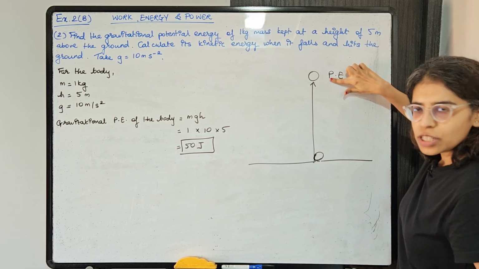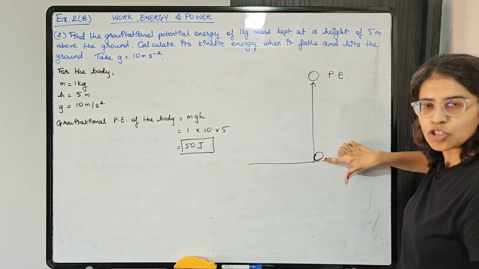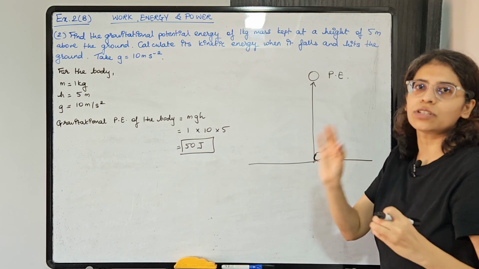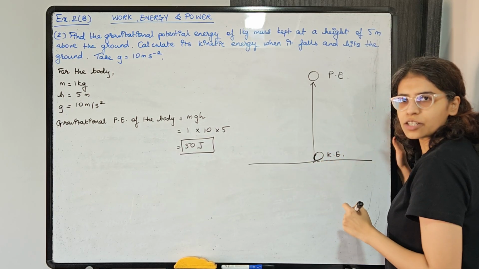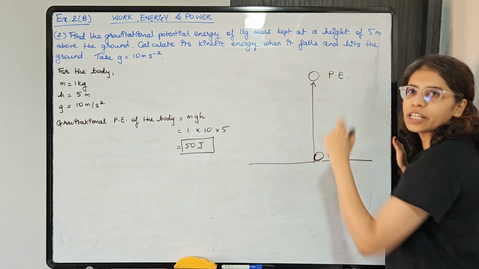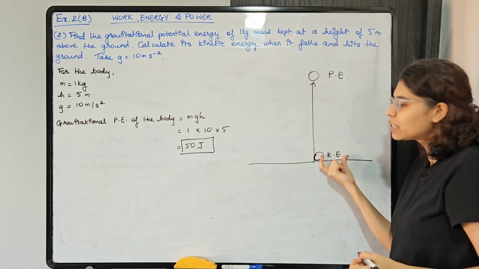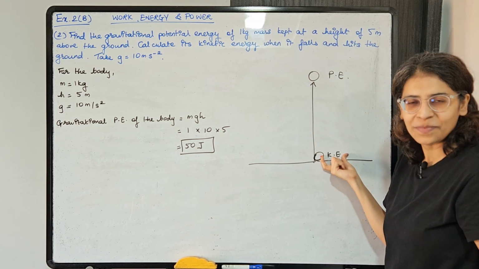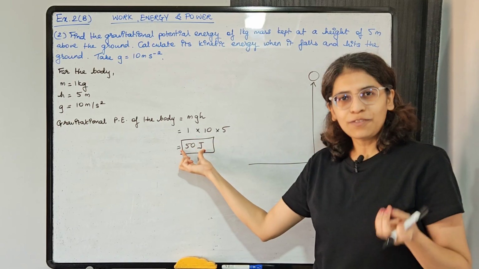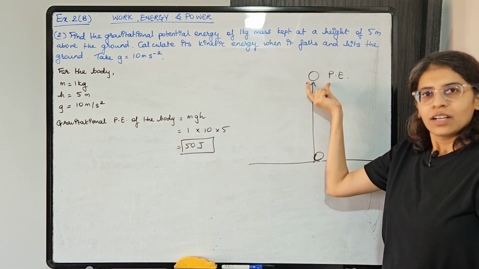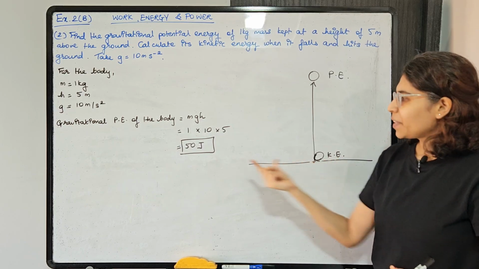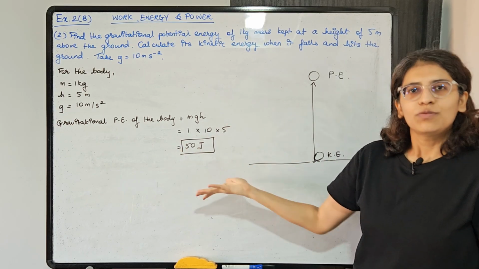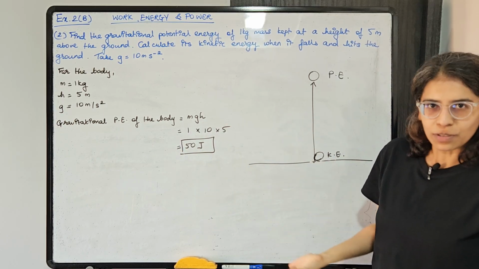The entire potential energy is converted into kinetic energy just when the ball touches the ground. So this kinetic energy will be equal to the potential energy. Potential energy is 50 joules at the top, so when it touches the ground, the kinetic energy will be 50 joules.